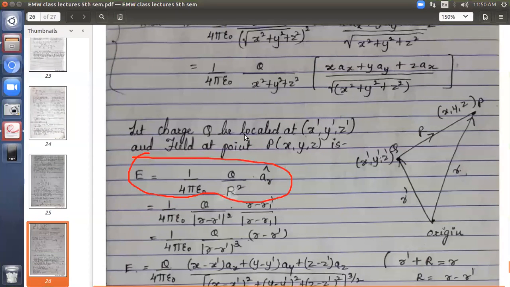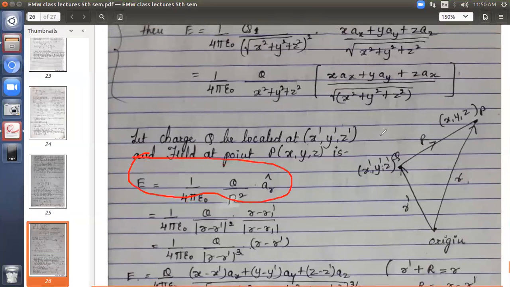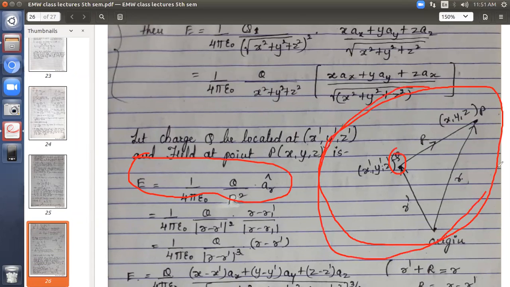I hope you understood this figure first. In order to represent the field in vector form, understanding this figure is very important. This is charge q, and surrounding that charge a certain field is set up. At some point P here, I want to check the value of the electric field intensity.